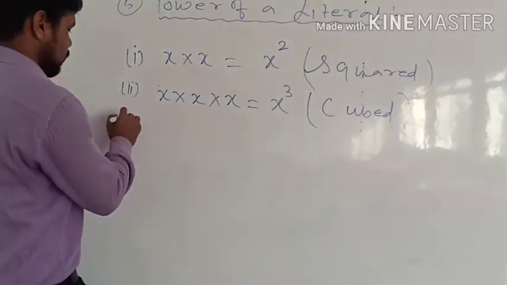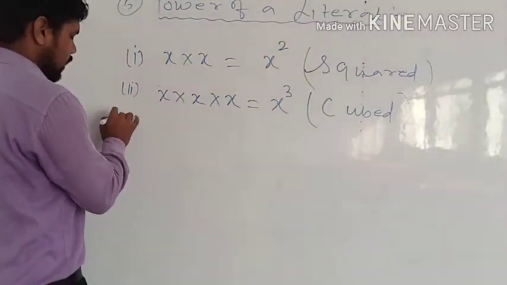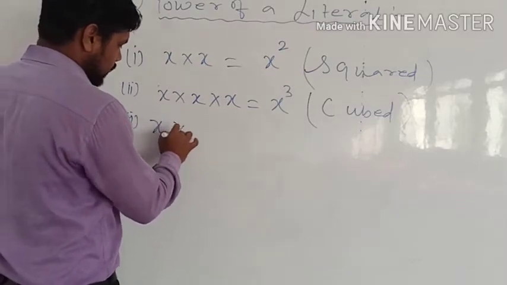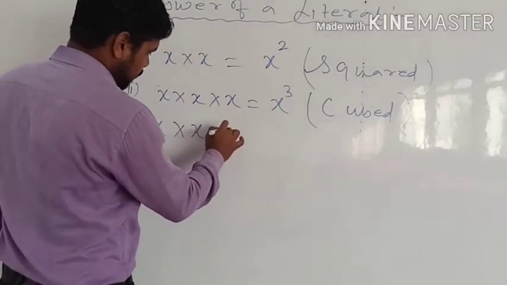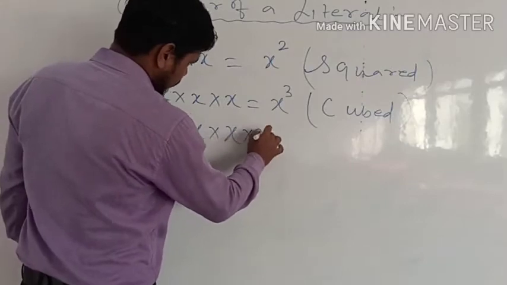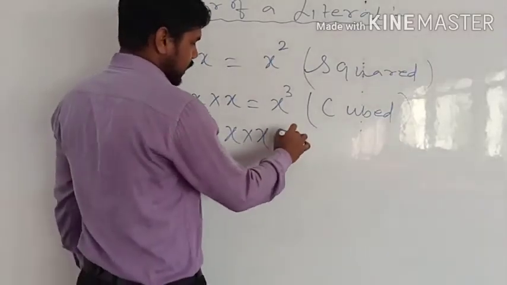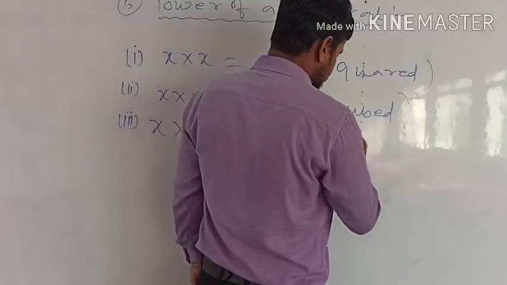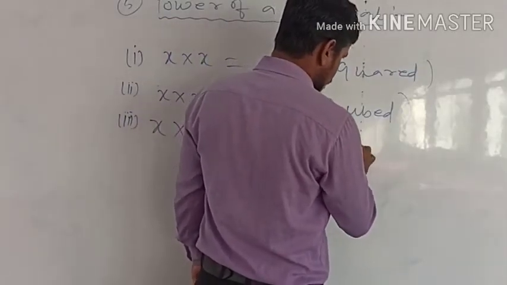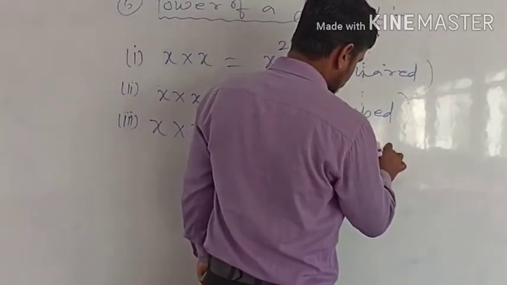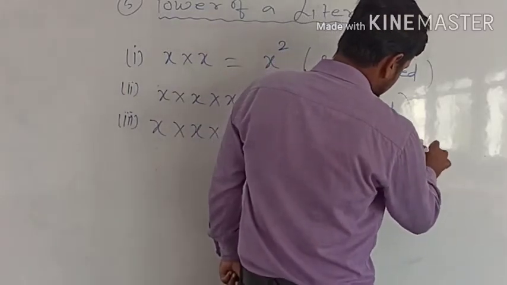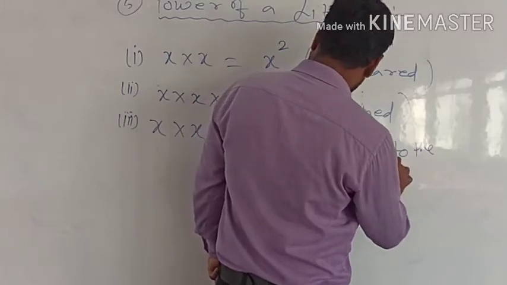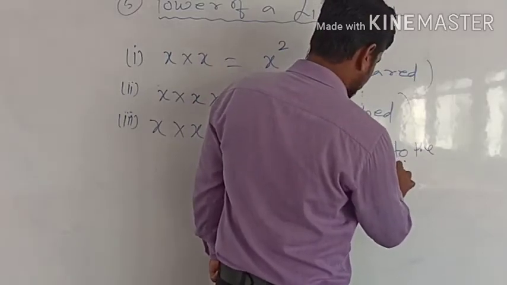Now next, we can multiply more than 3 x's also, x multiply x multiply x multiply x. Okay, so here x to the power 4. So we read this as raised to the power 4.